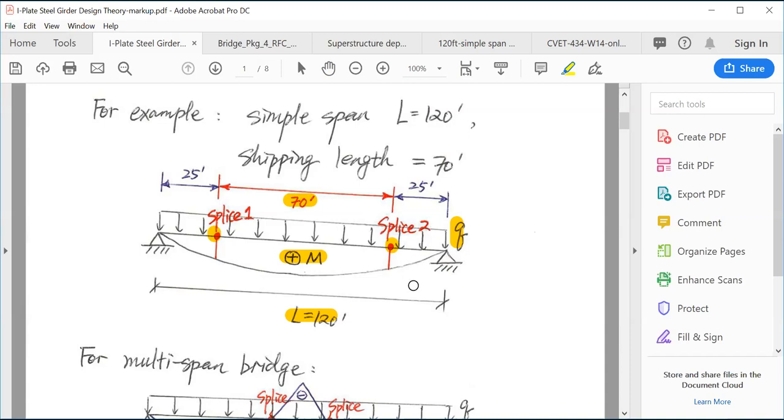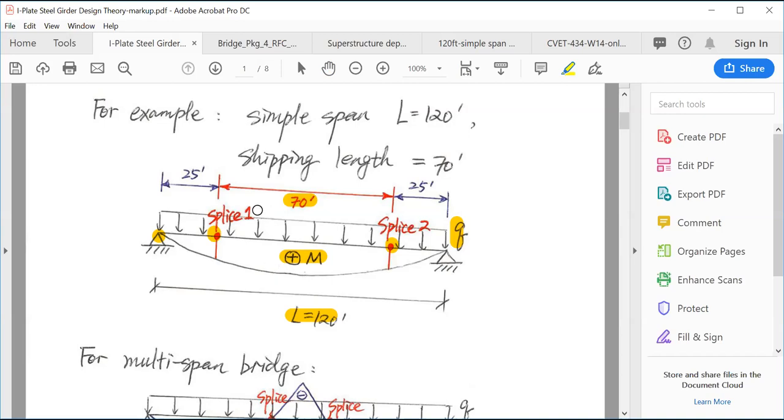We use this location as the splice location in order to minimize the number of bolts required. Okay, for a simple span, it's pretty straightforward, and we will decide the splice location as close as possible to the abutment or the support, because at the support the moment equals 0, then increases and gets the maximum in the middle of the girder, in the middle of the span.